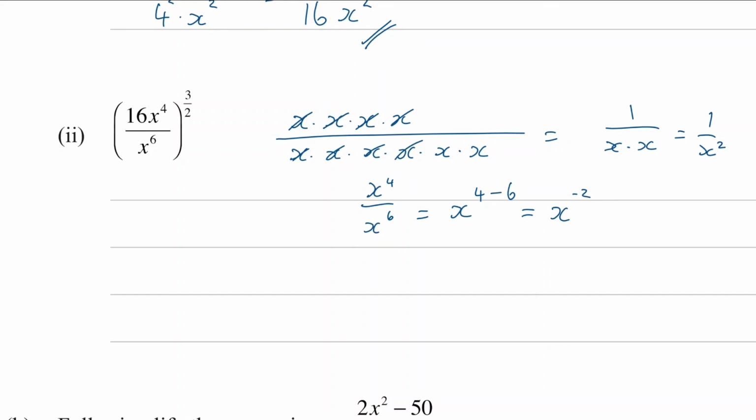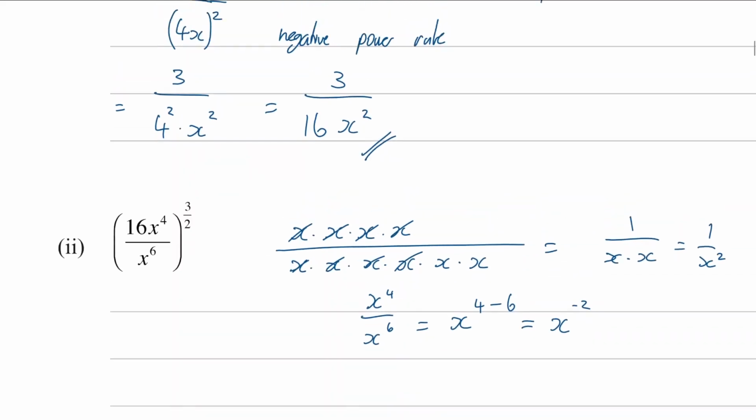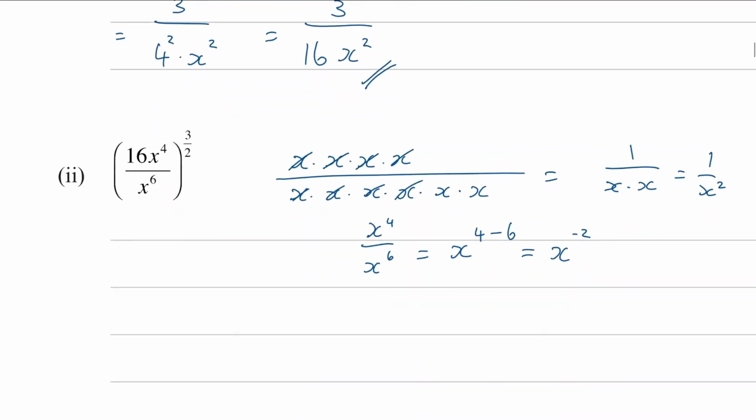And remember, this problem actually wants us to leave our answer with positive indices, so we'd use the same negative power rule as in question 1 to convert it to 1 over x squared. So either method works, they are exactly equivalent. This uses the power rule to get x to the negative 2, and then the negative power rule to get 1 over x squared, whereas the first line is just reasoning about how the x's will cancel out.